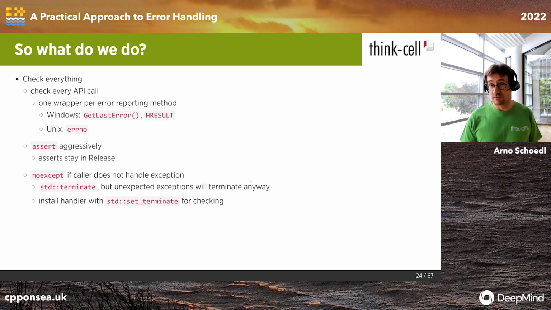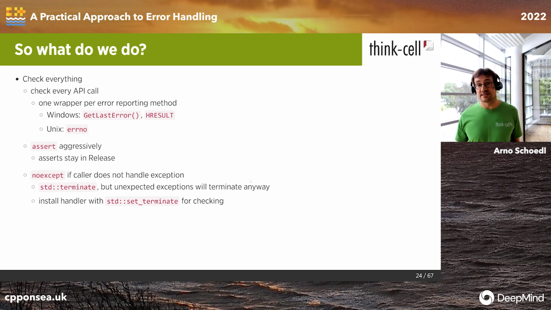But if you have something throwing exceptions unexpectedly, you're pretty likely to crash anyway, to terminate your program anyway. So that's not so bad. But that gives you a good opportunity to install a handler with std::set_terminate to allow for some checking, to collect information about that unexpected exception.